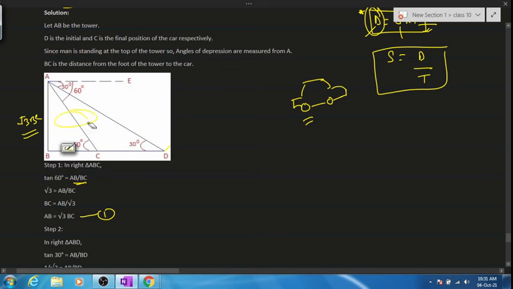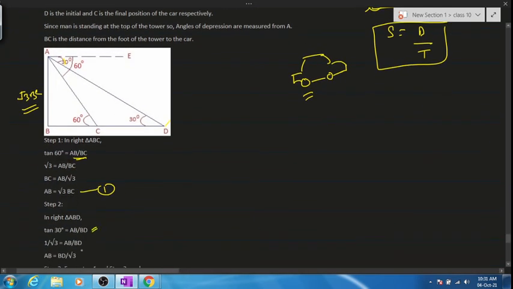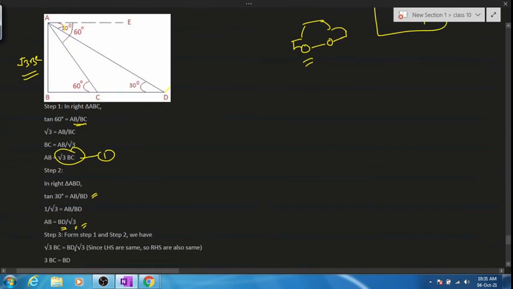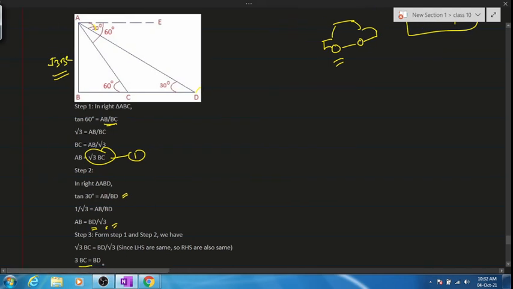Moving on to the bigger triangle, when we have the angle of depression as 30 degrees, tan 30 will be equal to AB by BD, yes or no? Boys, confirm. AB again comes out to be BD by root 3, and your AB is also root 3 BC. So from these two steps, can we say that 3BC is equal to BD, yes or no? Confirm.